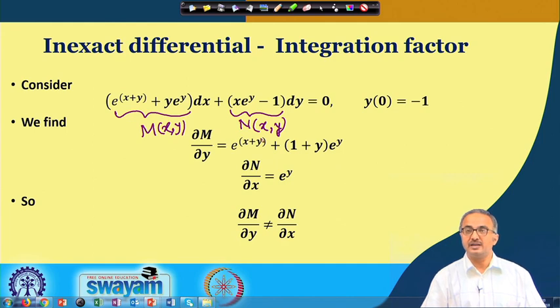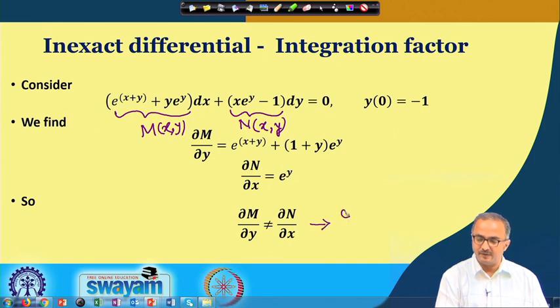After identifying this M and N, we find the differential, that is dou M by dou y, and we find this is coming out like this, and then we see dou N by dou x, that is coming like this. Now, what we see from these two expressions is that dou M by dou y is not equal to dou N by dou x. That means we have an inexact differential.